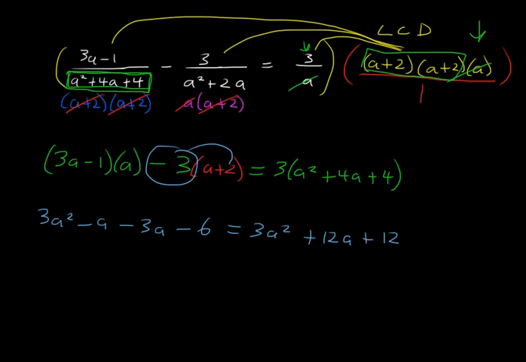Let's subtract 3a squared from each side, and put all the variable terms on one side and the constant terms on the other. What you end up with is negative 16a equals 18. Divide each side by negative 16, and a equals 18 divided by negative 16, or that is negative 9 over 8. I hope that helps.